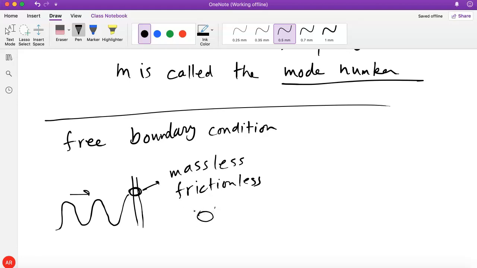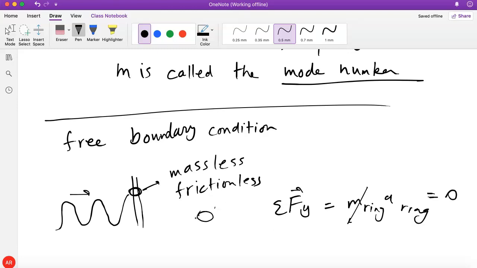So there cannot be any net vertical force on the string because its mass is 0. So the sum over F_y is m_ring, the mass of the ring, times the acceleration of the ring. And if mass goes to 0, then this side is 0. So the sum of the forces in the vertical direction must be 0.